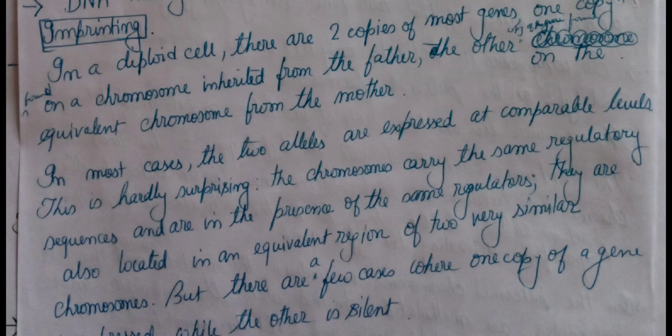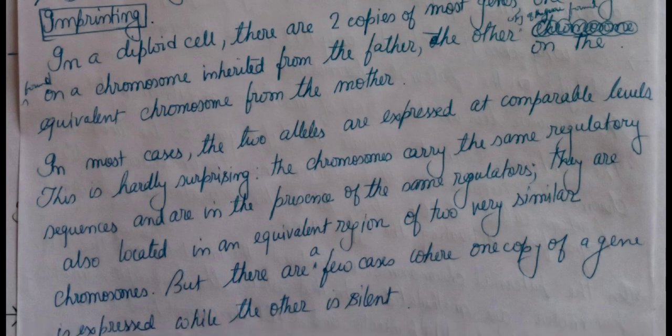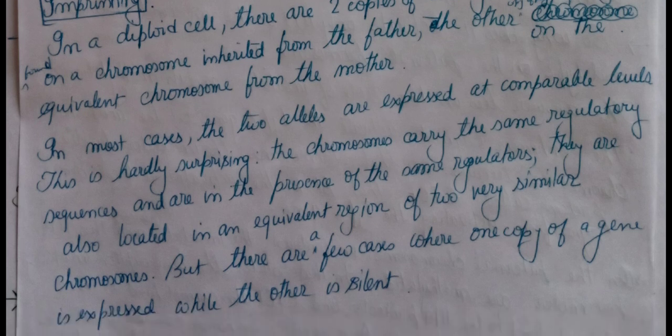Both have some regulatory sequence. But the peculiar thing is that one copy of the gene from chromosome number 1 is expressed, while that same gene in the maternal chromosome has not been expressed, has been silenced.